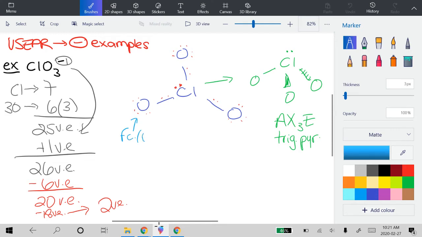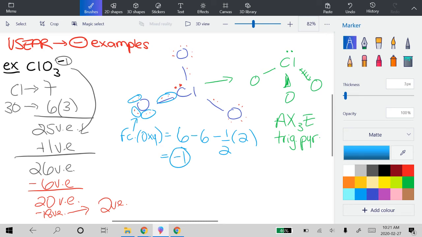Formal charge for each of these oxygens is 6 valence electrons, or group 6, sorry, minus 6 lone electrons, minus half of the 2 bonding electrons. So that leaves each oxygen with a -1 charge.